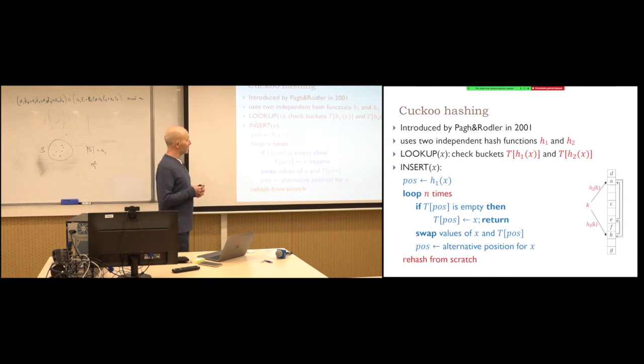So how can we deal with loops? Loops are easy to detect if we iterate sufficiently many times. If we have iterated 10 times and we are still not done, we have still not found an empty place, then we are dealing with a loop.